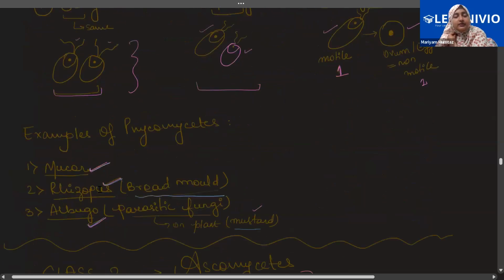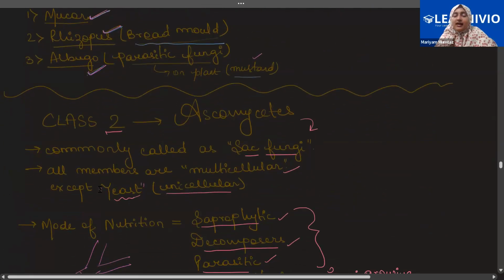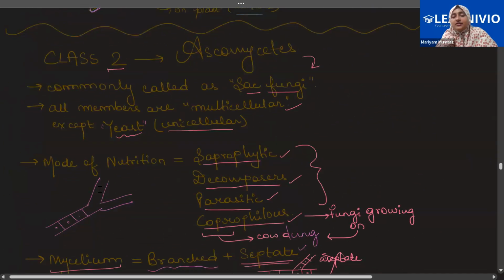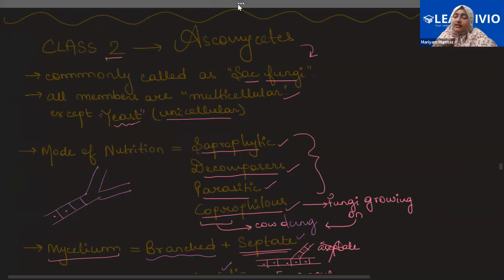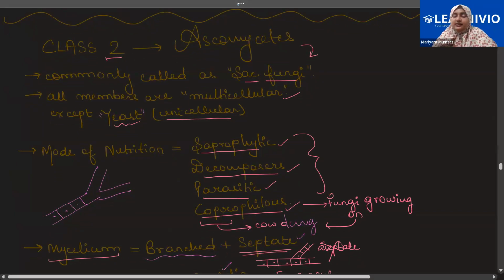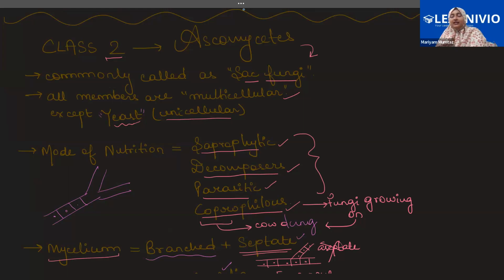Now we'll talk about the next class, that is Ascomycetes. Ascomycetes are commonly known as sac fungi. Just like how phycomycetes were algal fungi, now they are sac fungi. All members of ascomycetes are multicellular except for one, that is yeast, which is unicellular.